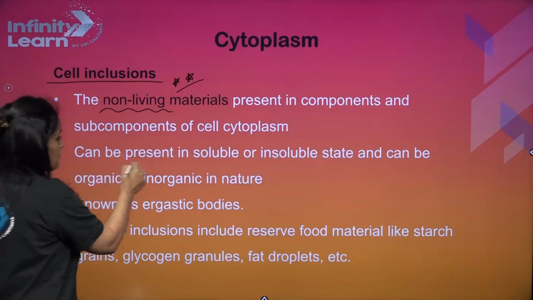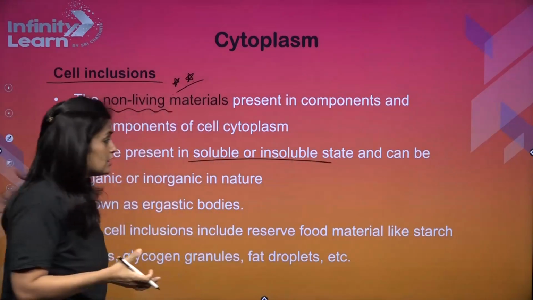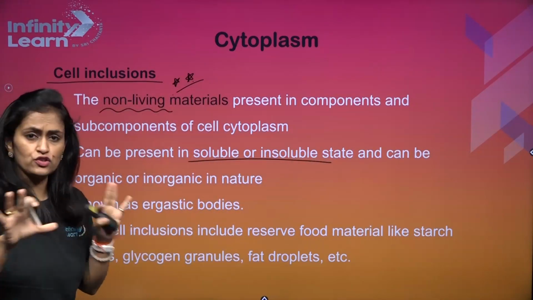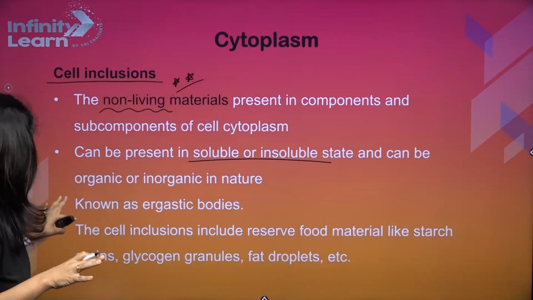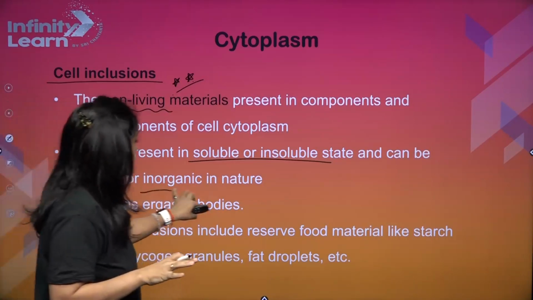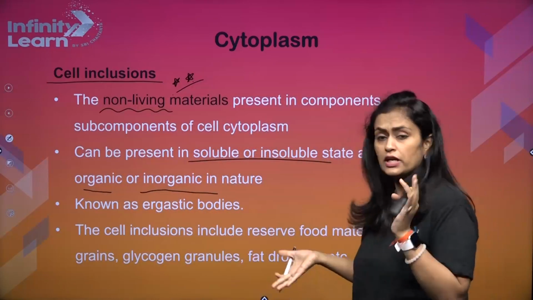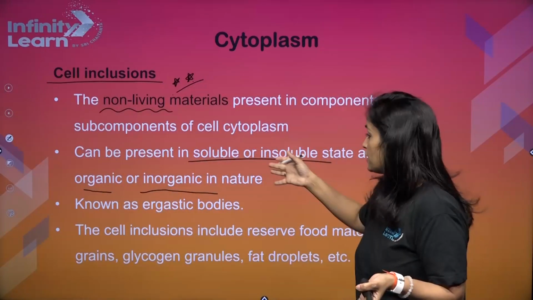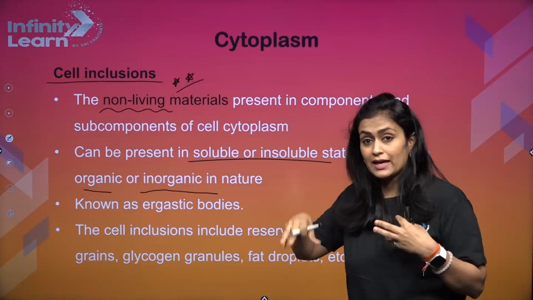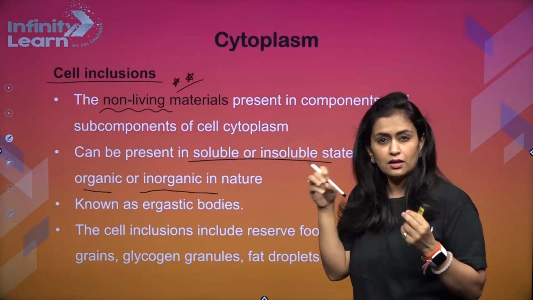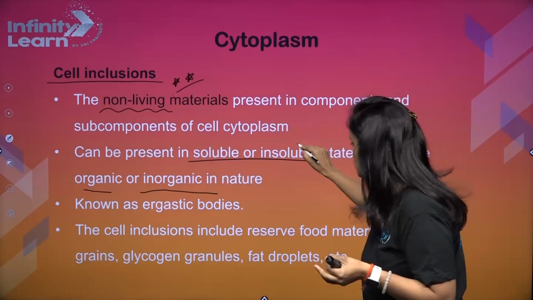They can be present in soluble or insoluble format, and in organic or inorganic format. They can be in soluble format, or in a granule type of form, so insoluble.